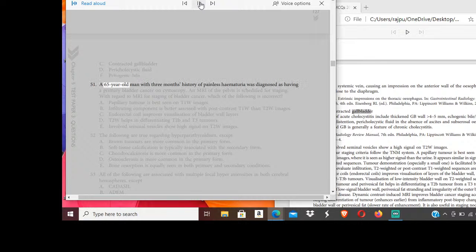51. A 65-year-old man with 3 months history of painless hematuria was diagnosed as having a primary bladder cancer on cystoscopy. An MRI of the pelvis is scheduled for staging. With regard to MRI for staging of bladder cancer, which of the following is incorrect? A. Papillary tumor is best seen on T1W images.